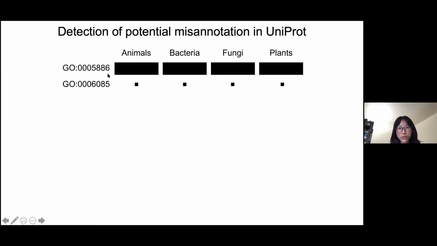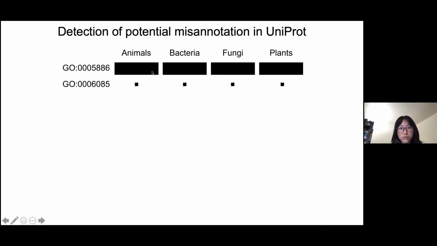For each protein function, we count the proportion of proteins in each taxon annotated to this function, shown here as the area of the rectangles. We ignore the functions if they are annotated to about the same proportion of proteins in all taxons.